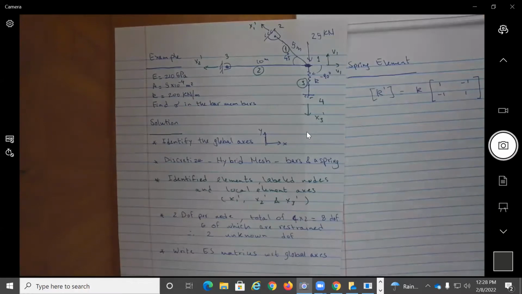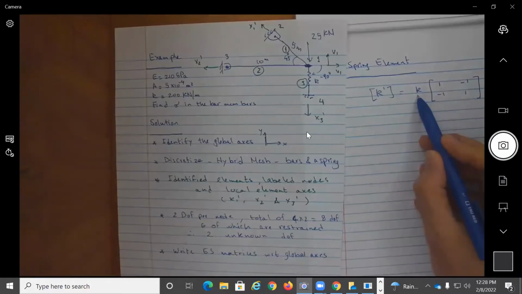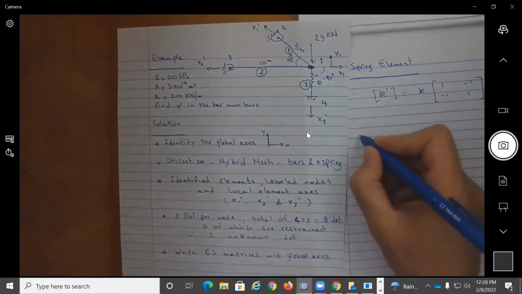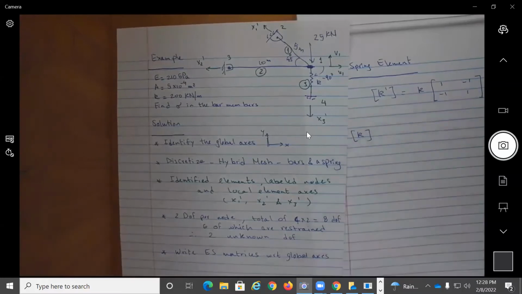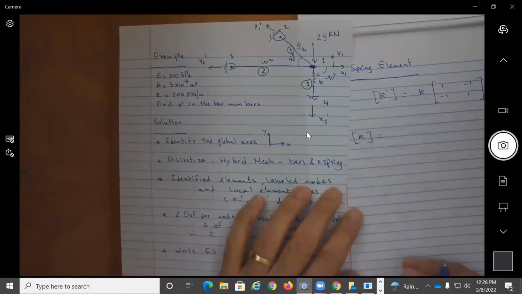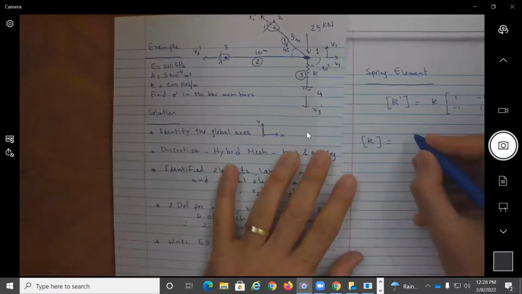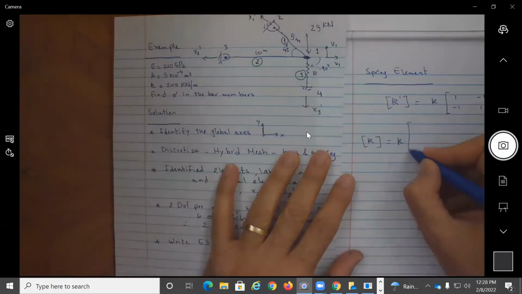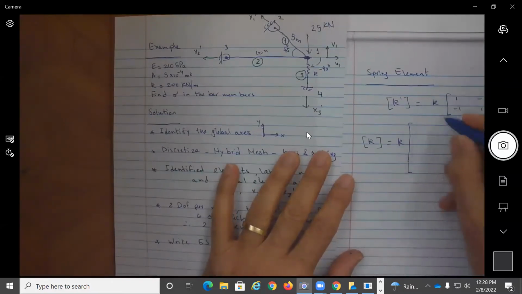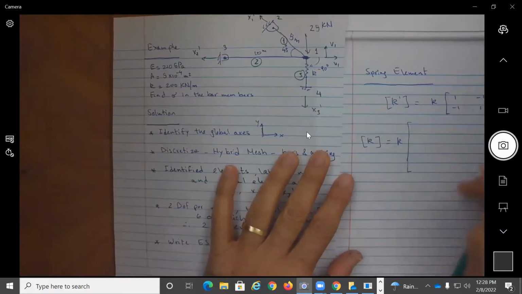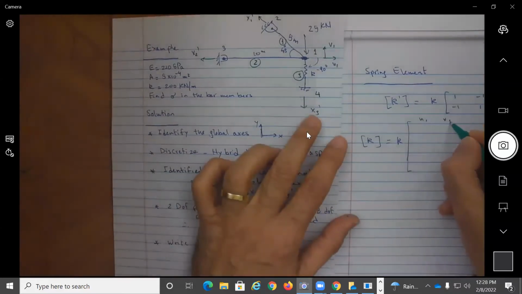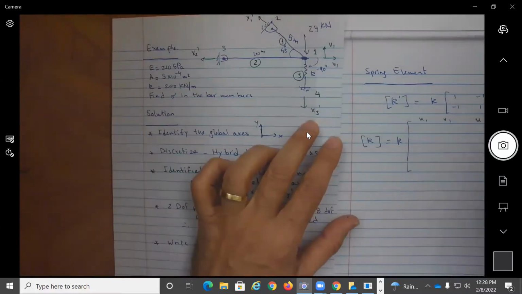And I can use exactly the same method we did before, but instead of EA over L, I will be using k. So k for the spring will be equal to k, and now specifically for the spring here, I'm looking at U1, V1, U4, V4.